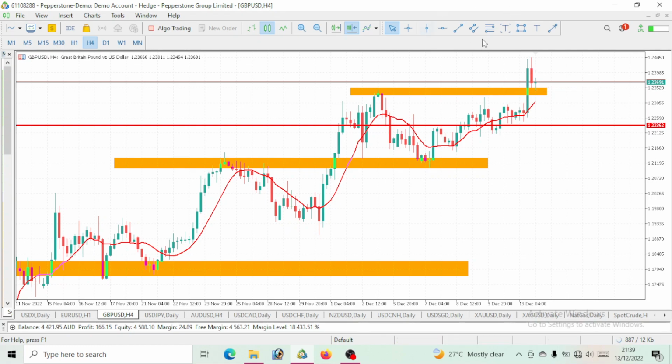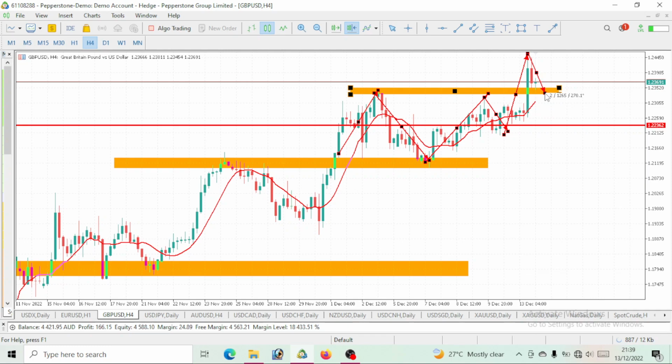You can now see on this 4-hour time frame, once price came to this resistance level, we had a rejection around this level, right? Price came close to this level again, and we saw price rejected. That is one of the reasons why we've highlighted this level. Once we see that this price has broken above it, of course, we expect price to give us a pullback, which is what we've gotten here on the 4-hour time frame.